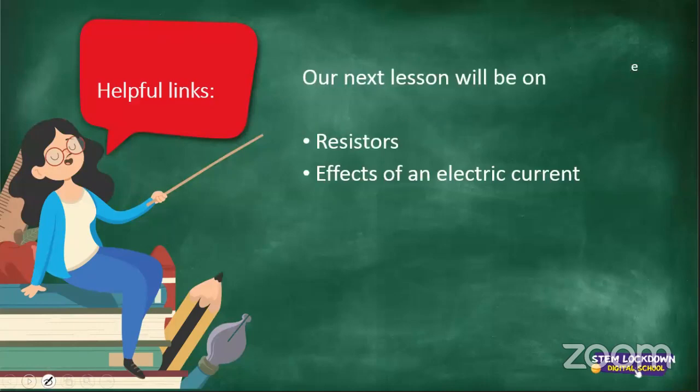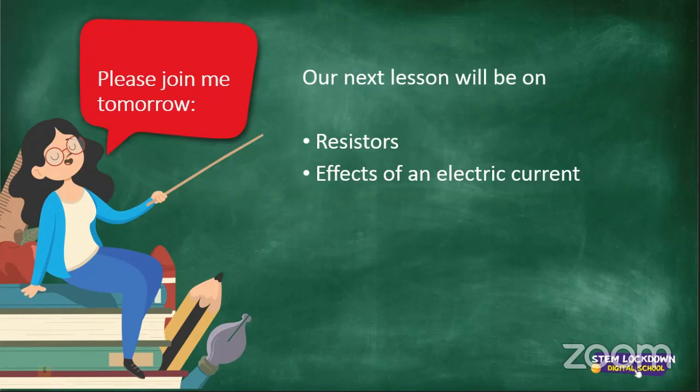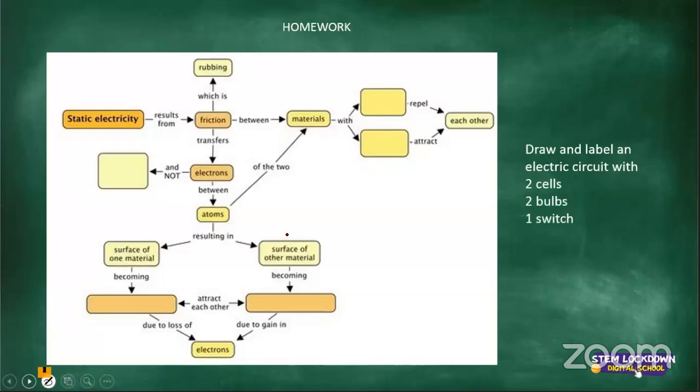Our next lesson is on resistors and the effects of electric currents. You're welcome to ask me your questions on Monday in our next lesson. This is your homework. Remember that diagram I did on static electricity? You're going to draw one and fill in the missing blanks.